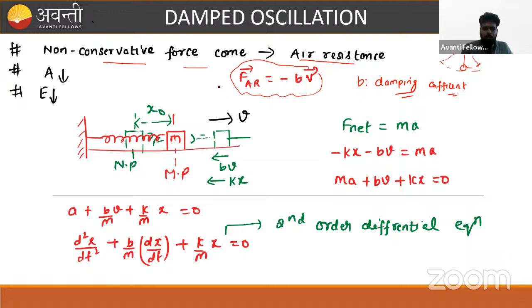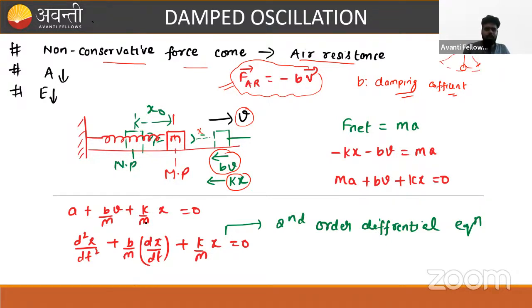What is the resistive force, beta? That is minus b times v. v is the velocity at any displacement x, and b is the coefficient of damping. Suppose we have a spring mass system, and we displace it from the mean position by an amount x, and at that time the block has velocity v. How can we write the net force? One is the spring force kx, another is the damping force, the viscous or friction force, which is opposite to the velocity.